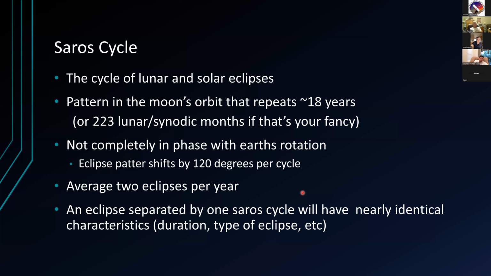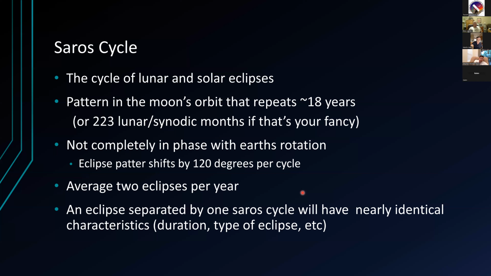It's a little bit off more than that, but to give you an idea, for those who are familiar with the 2017 eclipse, the path of totality for that eclipse, when it next would come up in the next Saros cycle, will have shifted 120 degrees and put it, I think, somewhere over the Pacific. So the whole eclipse phase just completely shifts.